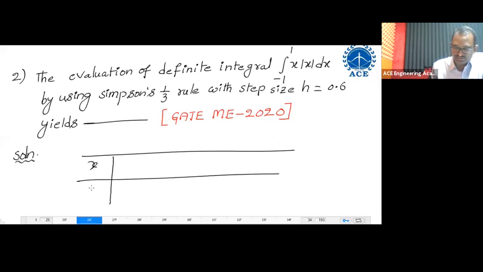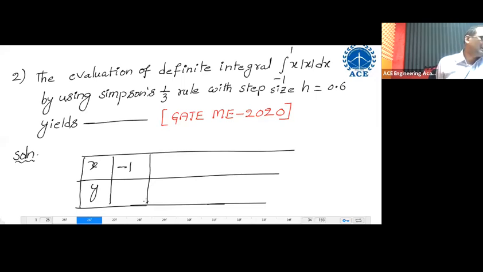Every subinterval length is 0.6, please do remember, and an even number of subintervals is required. Initial point: the lower limit is minus 1. Next, if the subinterval length is 0.6, you write one number here. The difference between this number and its previous number should be 0.6.